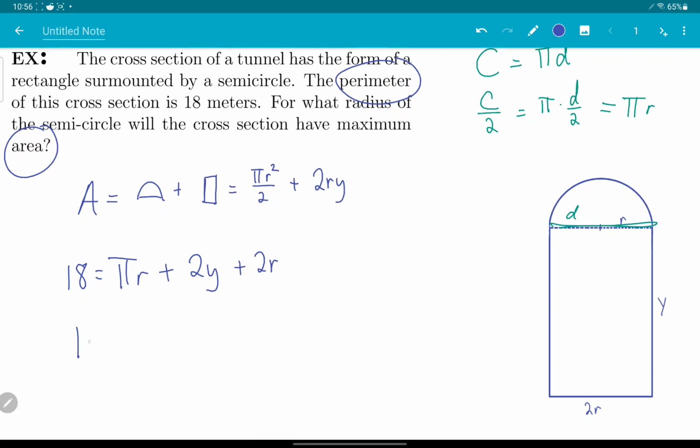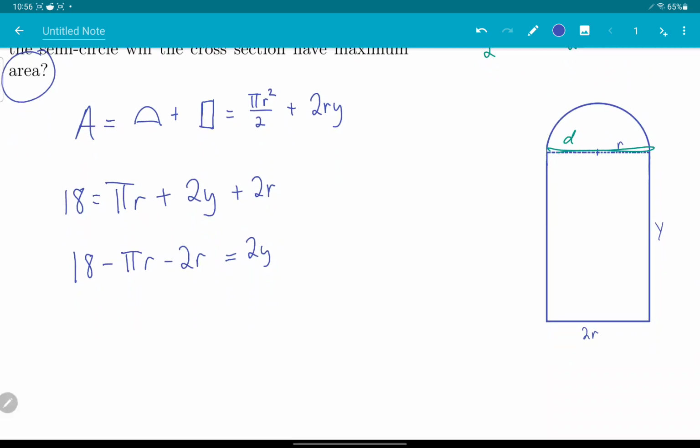So here I get 18 minus pi r minus 2r is 2y. Dividing by 2 gives me 9 minus pi r over 2 minus just r. And there's my y.